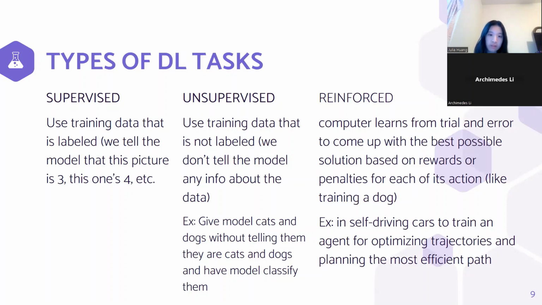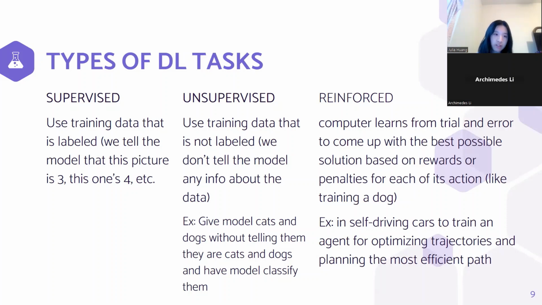Unsupervised means that the training data given to the model is not labeled. We don't tell the model any information about this data. For example, we give it cats and dogs without telling it that they are cats and dogs, and have the model classify them that way. I was assuming it might be a little bit harder for the model, but eventually it will be able to learn.